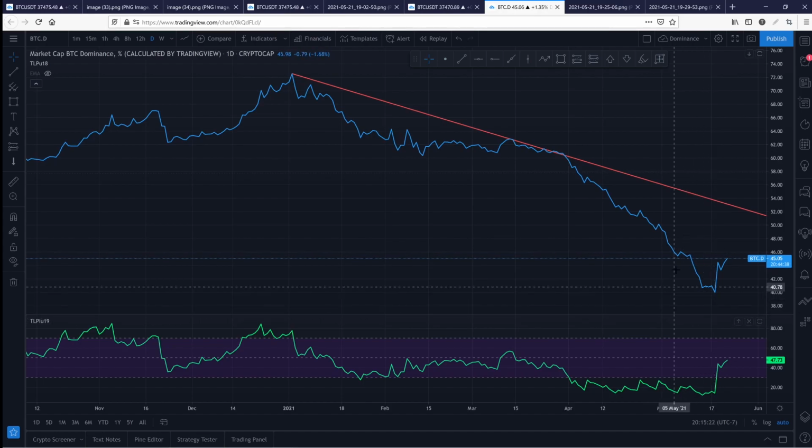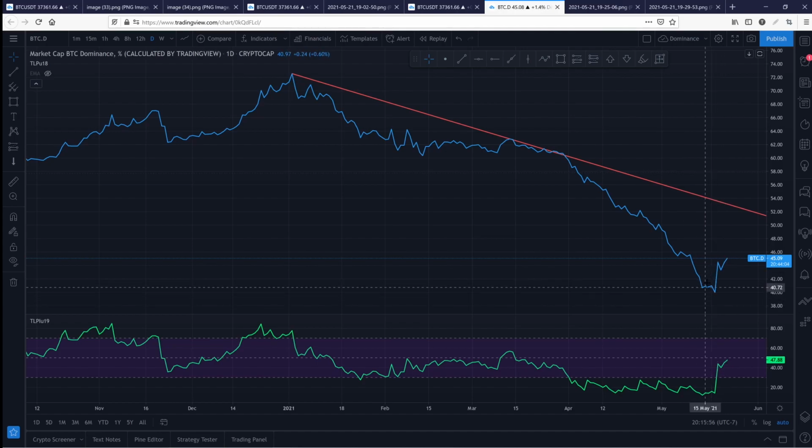And this is an interesting period in mid-May because we have a lower low in dominance, but a higher low on the RSI. So we have a bullish divergence in dominance. Since you're not measuring price action specifically, you could take this with a grain of salt, but it does test generally well.